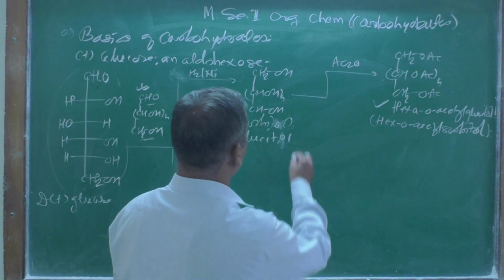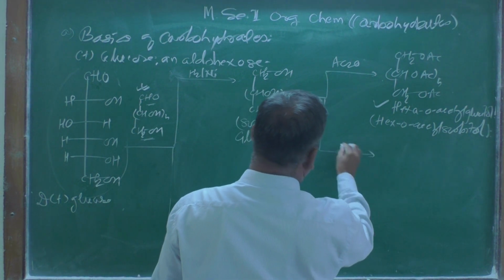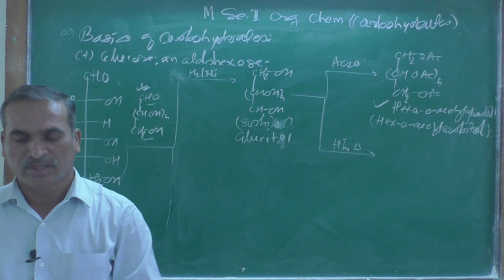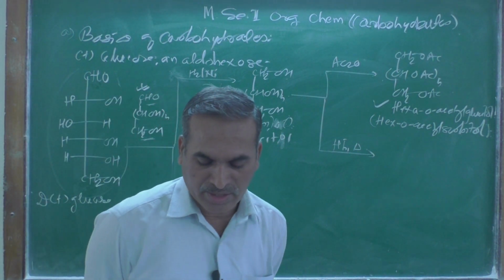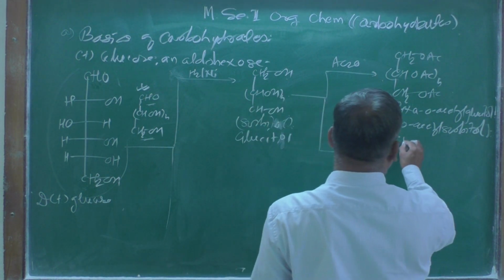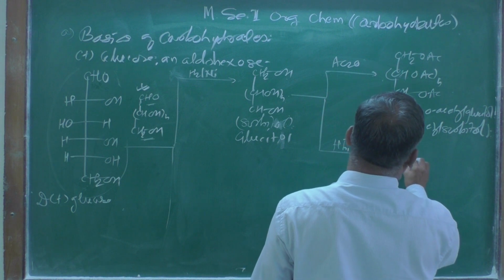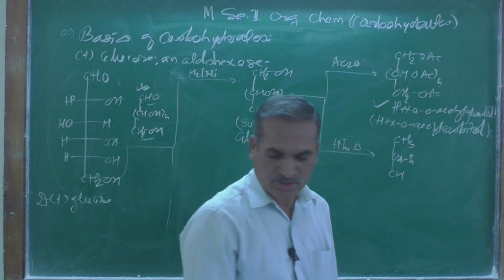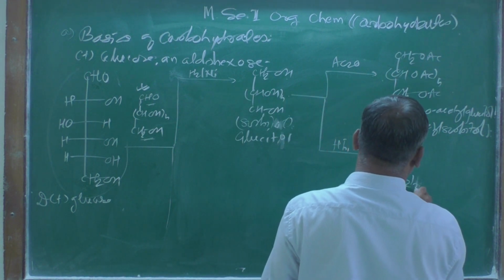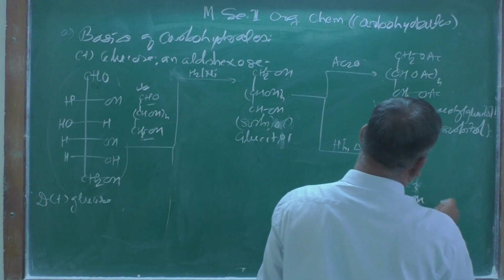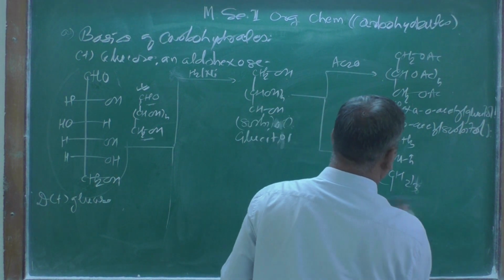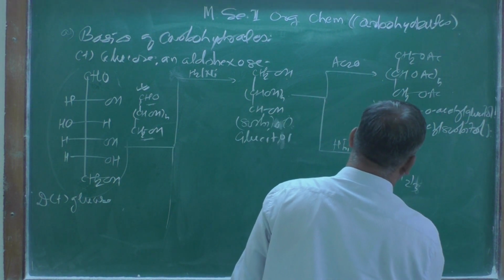Now when this compound is further treated with HI and heated, the resulting compound formed will be this one: CH3, then CHI, then CH2 three times, then CH3.